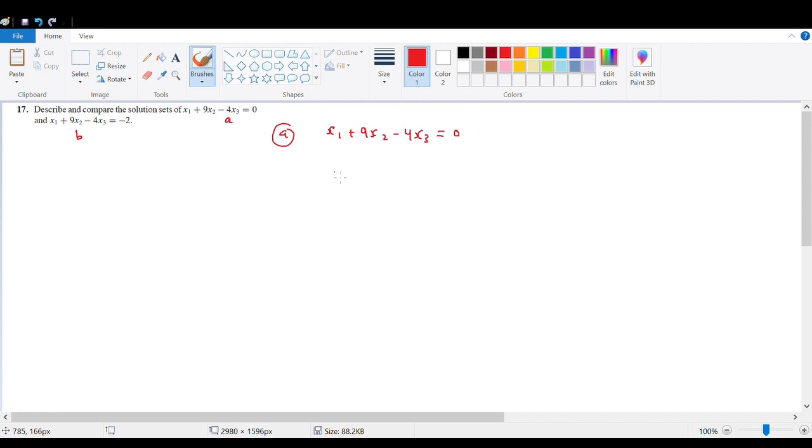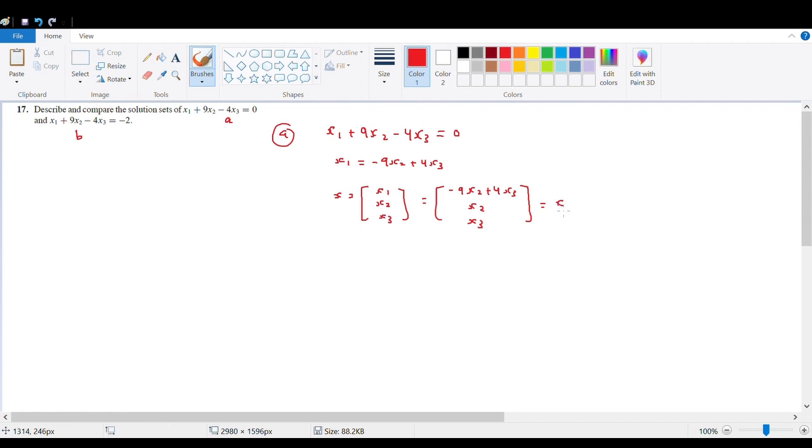So we have three variables. We can write it as x1 = -9x2 + 4x3. Now x = (x1, x2, x3). So we know that x1 is -9x2 + 4x3. x2 is a free variable, x3 is also a free variable.